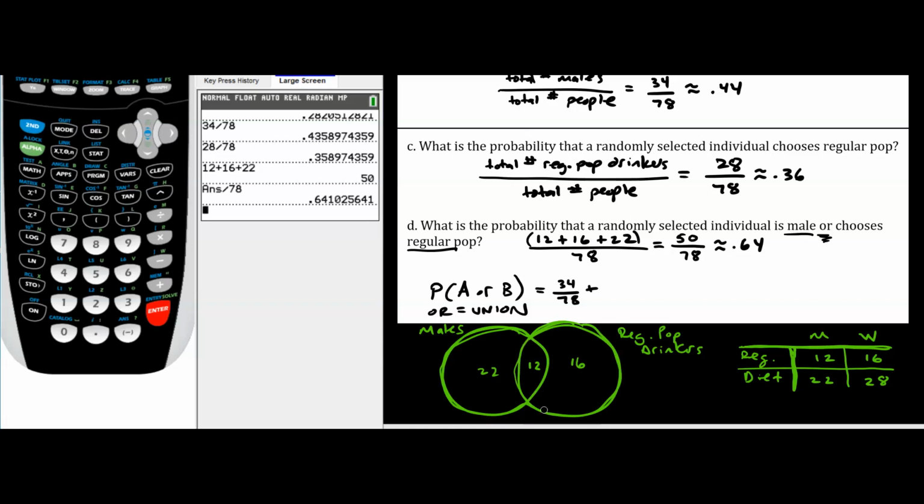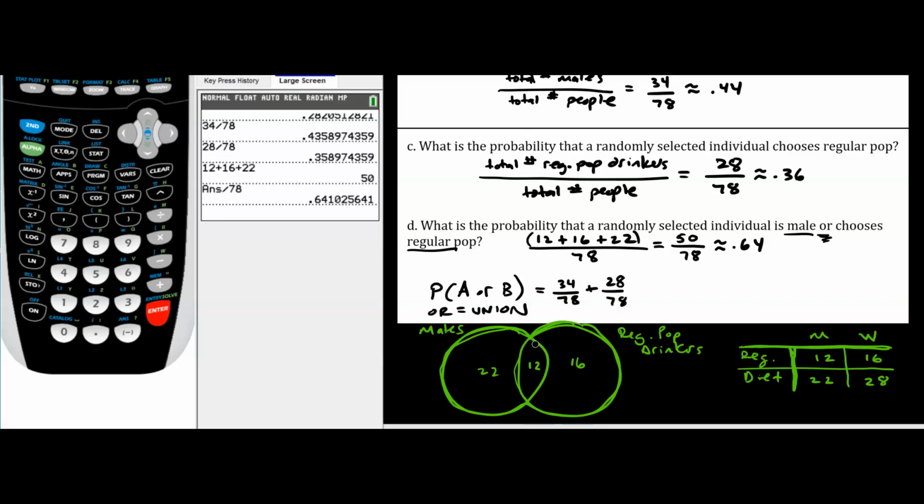And so now I could add everything in this circle. And you could say, okay, well, the probability of being a regular pop drinker would be 12 plus 16. That would be 28 out of 78. But then you can see that if I added all of the males, and then I also added all of the regular pop drinkers like I just did, that I am actually covering this intersection area twice.